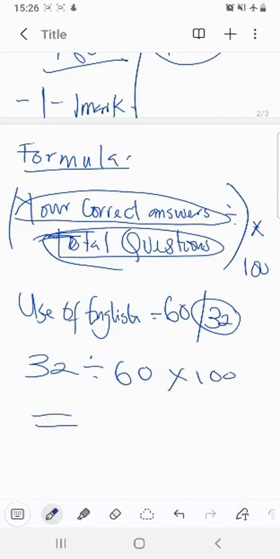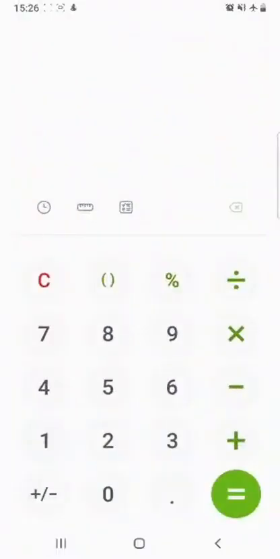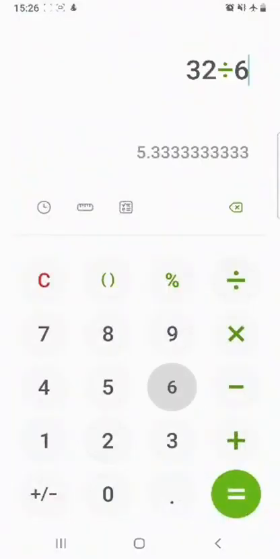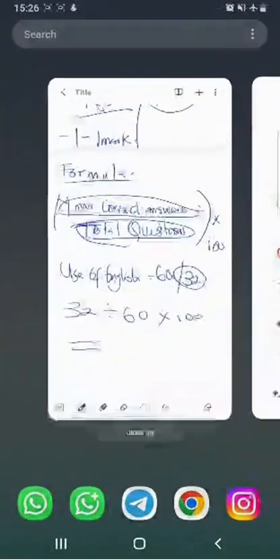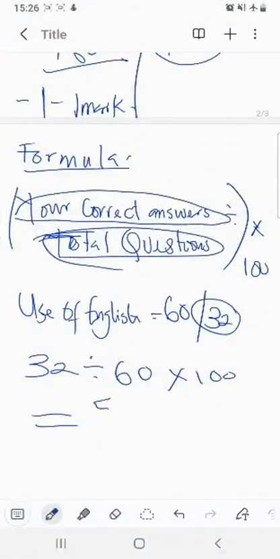That will give us 53.3333. So JAMB will score you 53 over 100.